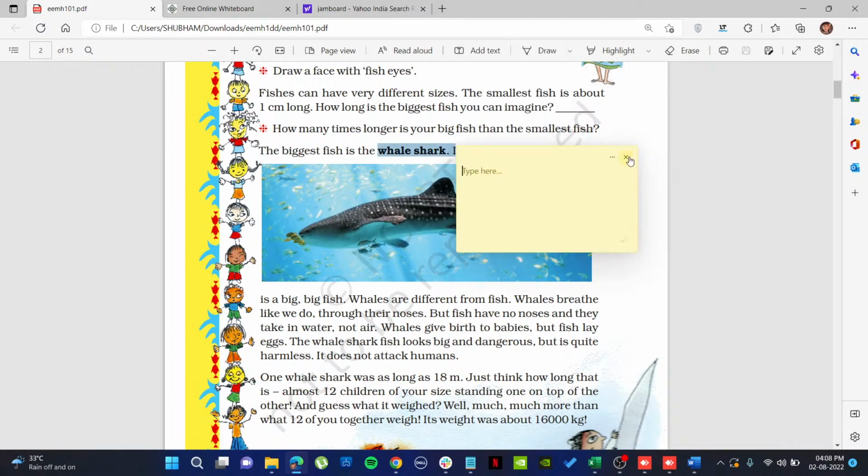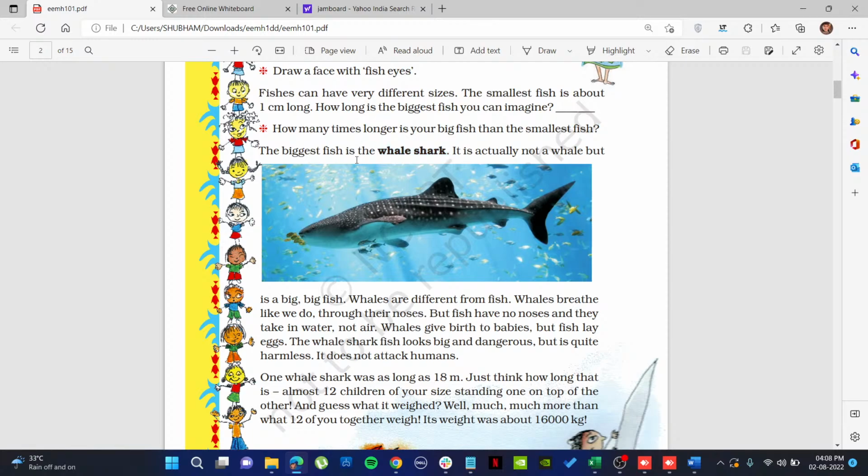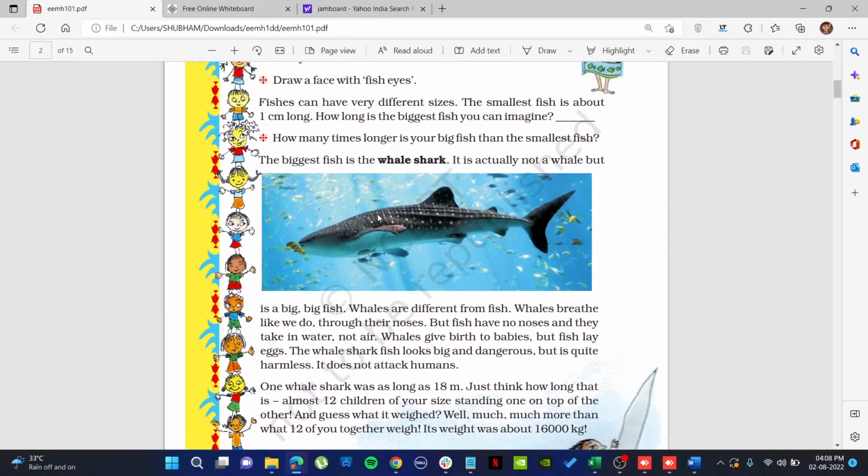And if we look into its length, we can see that its length could be around 30 centimeter. And if we have to write 30 centimeter, we can write it in this way.